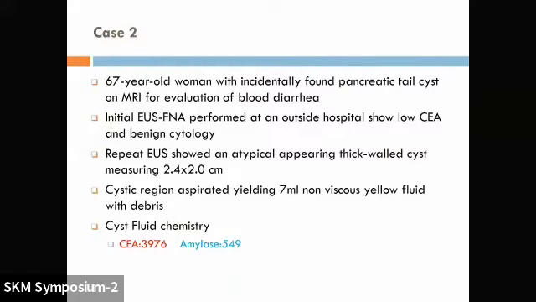Repeat EUS was performed at our hospital, and it showed a thick-walled cyst measuring about 2.4 centimeters in greatest dimension. The cystic region was aspirated, yielding about 7 mL of non-viscous fluid with debris. Cyst fluid chemistry showed very high CEA levels of almost 4,000.